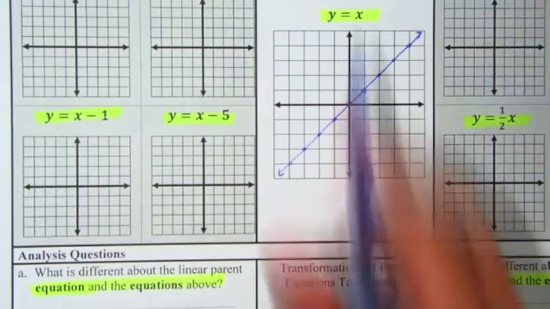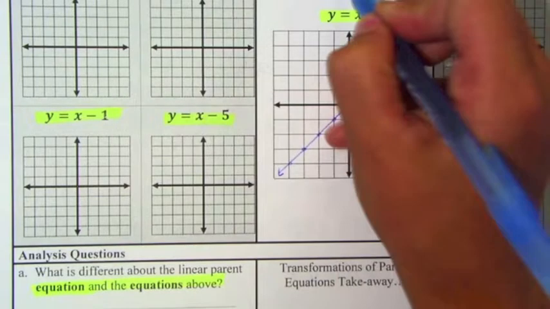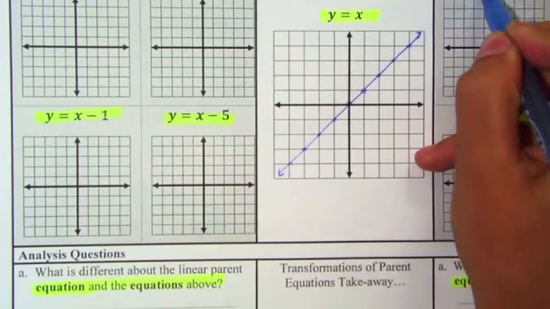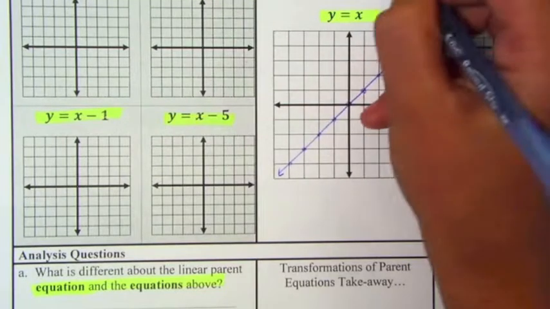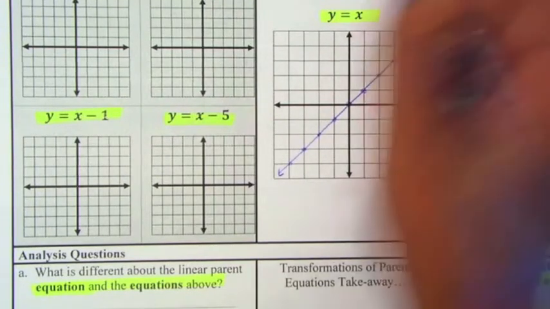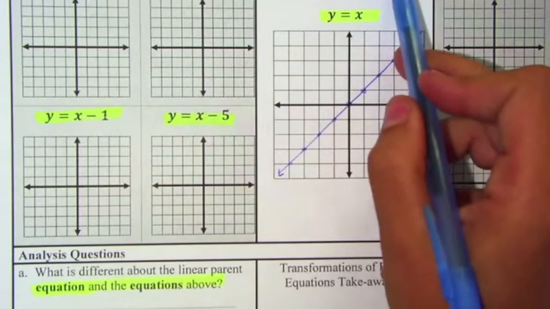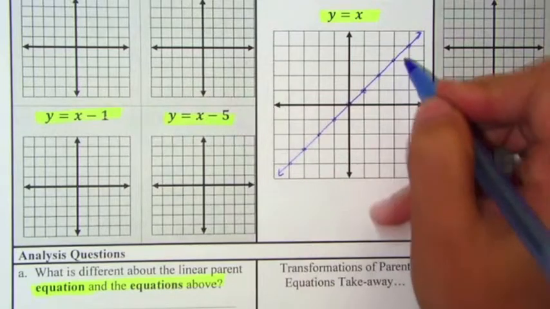And so our big question as we do this investigation is, how do different values transform the parent function? So just like in Transformers, to transform means to change. So how do different values change the parent function? The parent function looks like this.